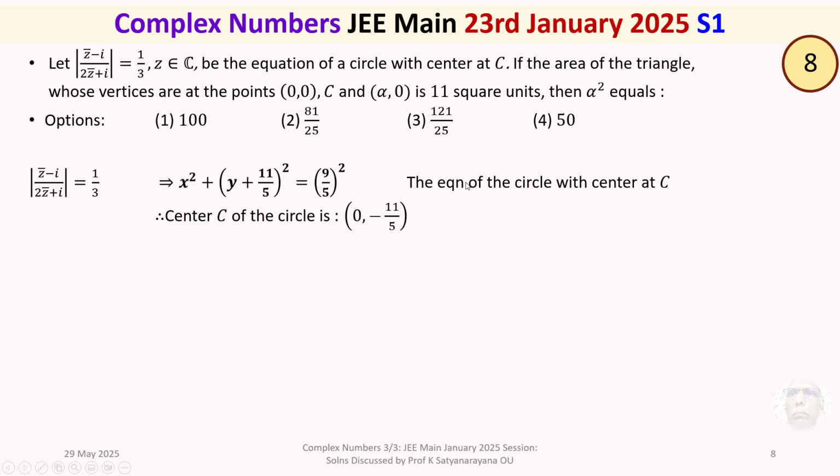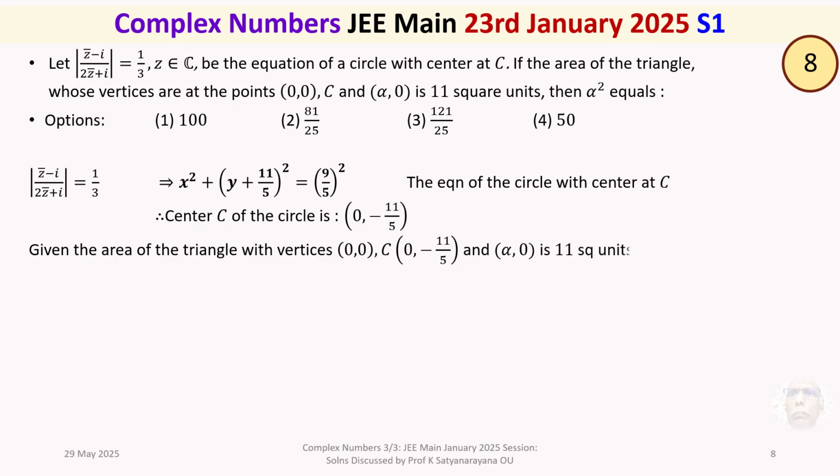Now we have to find the area of the triangle with vertices at the origin (0, 0), at C, that is (0, minus 11 by 5), and the point with ordered pair (alpha, 0). And it is given the area of such a triangle is 11. So that is given like that.